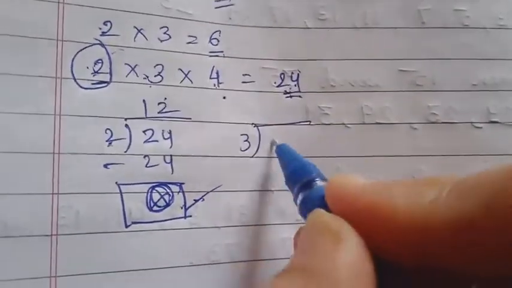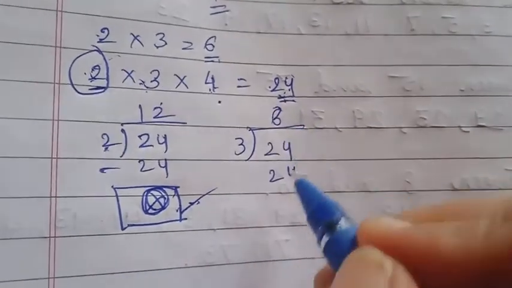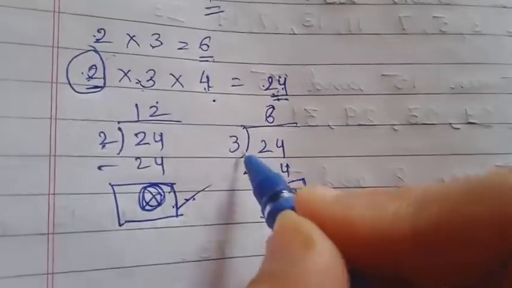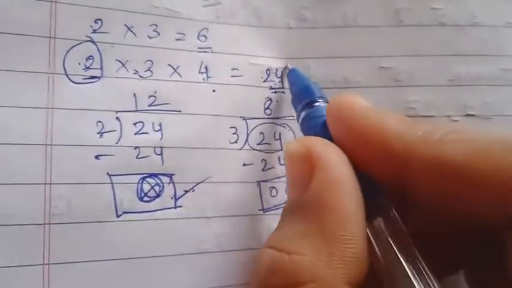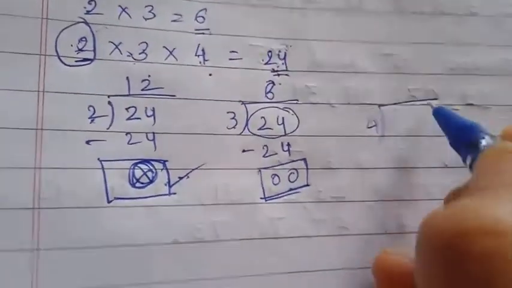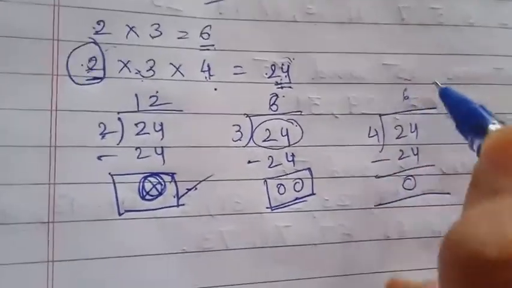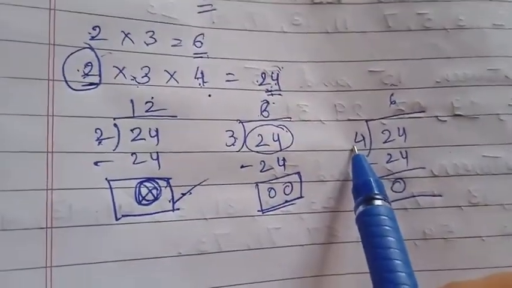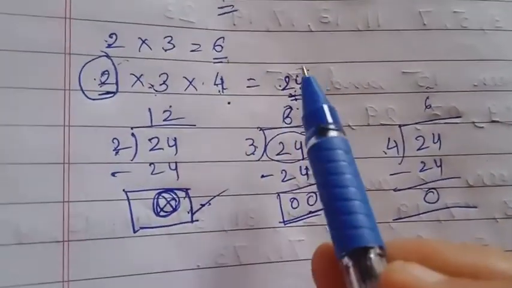Same way 3 8s are 24, the remainder is 0, which means 3 has divided 24 completely. And 4 6s are 24. So 2, 3 and 4 have divided 24 completely, and we say that 2, 3, 4 are factors of 24.